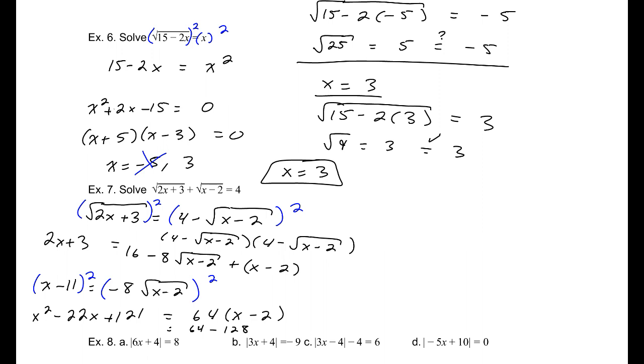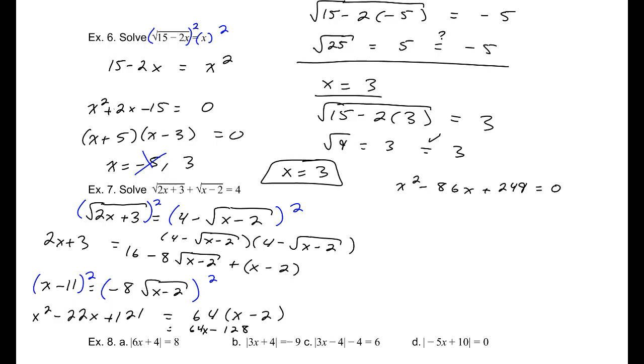Moving all that onto one side, we have, add the x there, x squared minus 86x plus 249 equals 0.